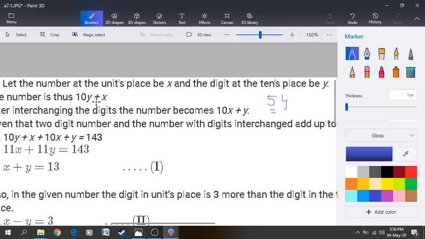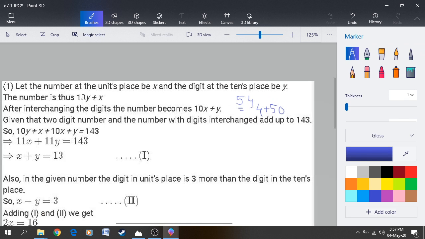So 4 plus 5 into 10, which is 50. The unit place 4 is x, and the tens place y is multiplied by 10, because it is the tens place. And 4 plus 50 is equal to 54. So this is how the number system works.